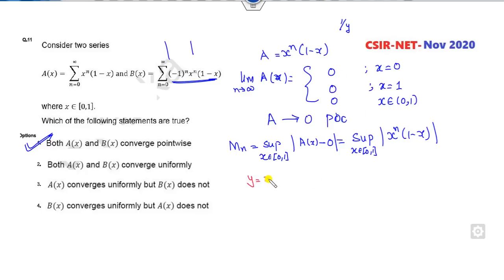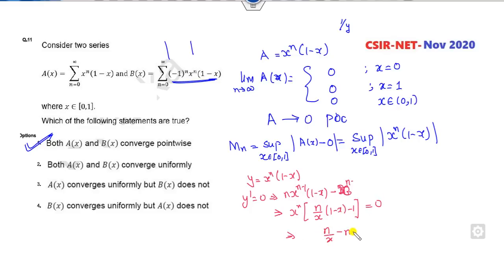If I simply take the derivative and put it equal to 0: n x^(n-1) minus (n+1) x^n. If I take x raised to power n common, x^n is not 0, so n over x minus (n+1) is 0. So x will be n over n plus 1.